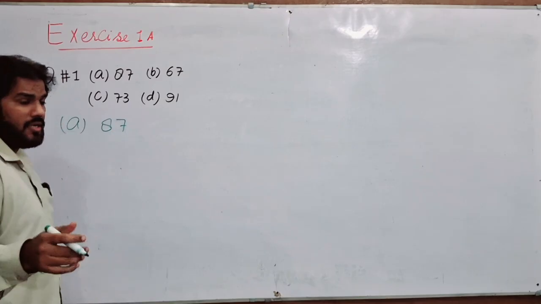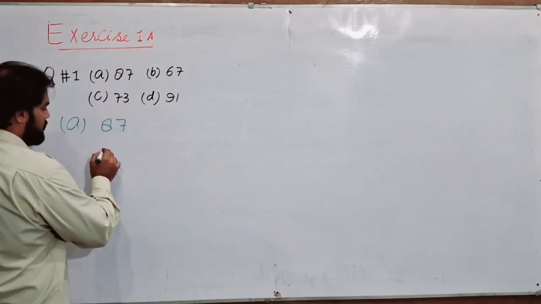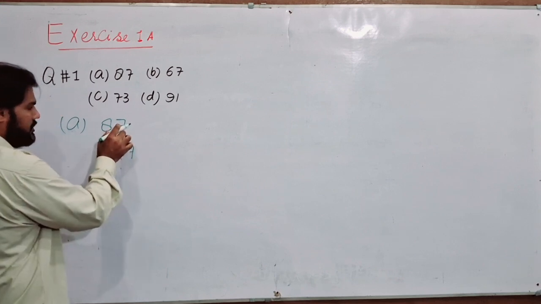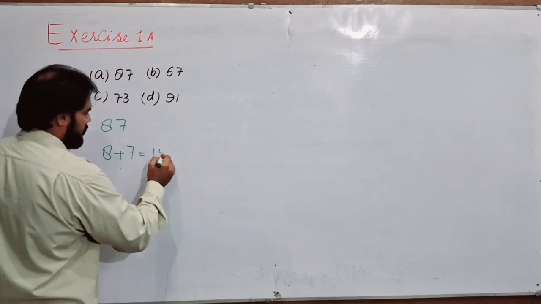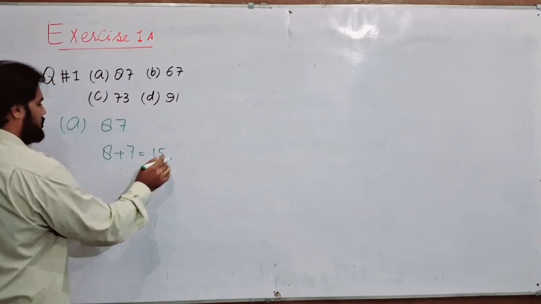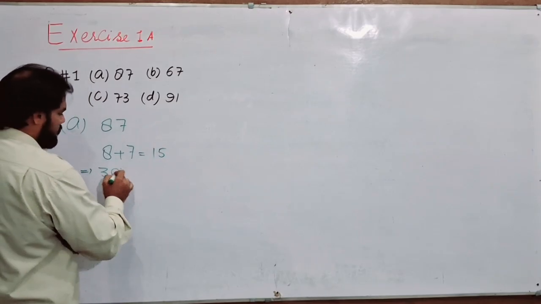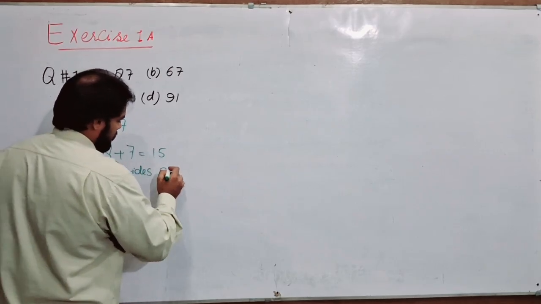What is the divisibility criteria of 3? We add the digits of this number. This gives 15. As you know, 15 is divisible by 3. This implies 3 divides 87.